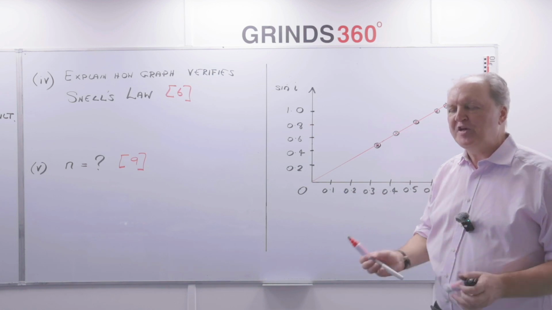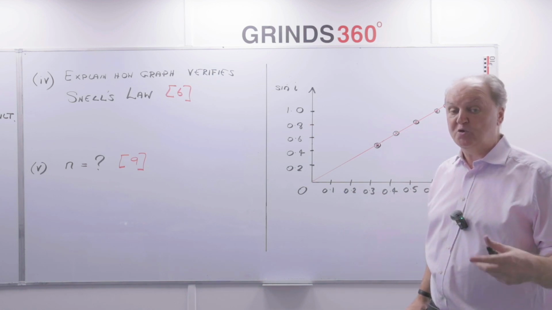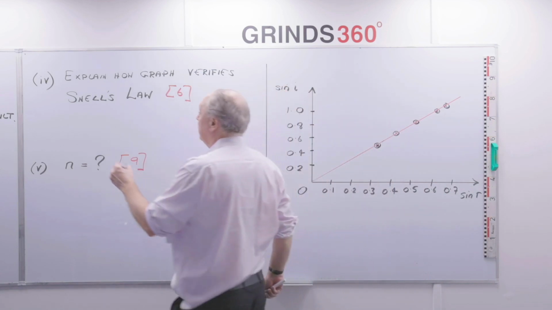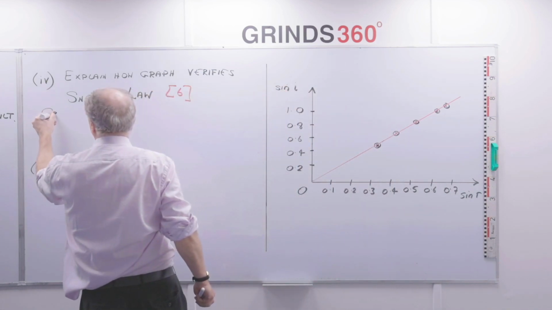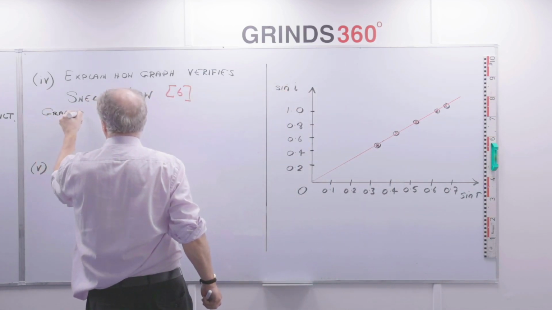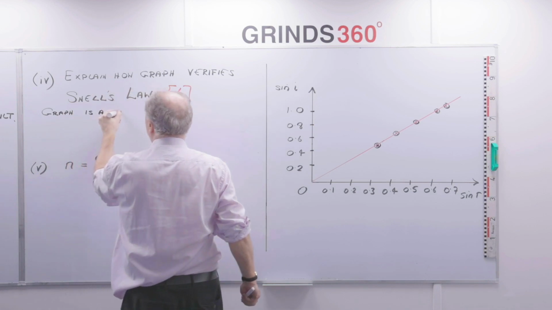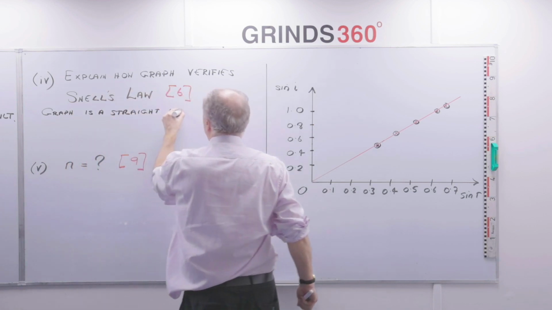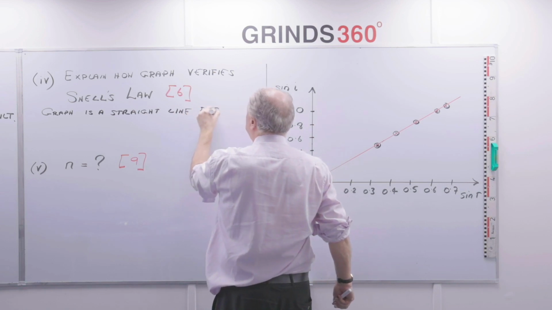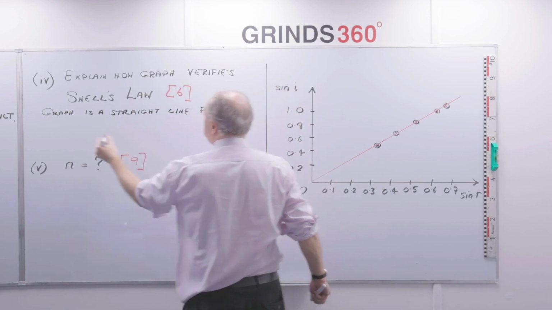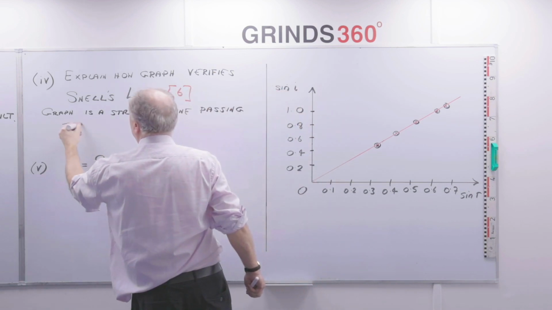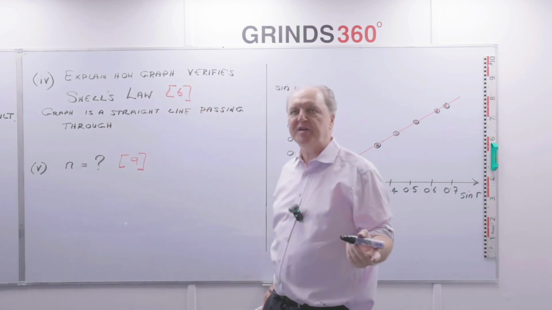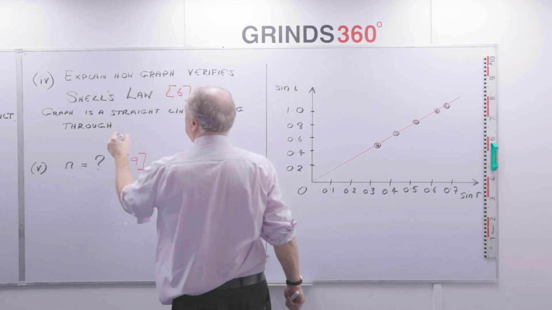So we do this in a number of experiments as well, like Joule's law, Ohm's law, and so on. So basically my answer is the graph is a straight line passing through the origin. I always tell my students to write this down anyway, whether they ask you or don't ask you. Just do it automatically.